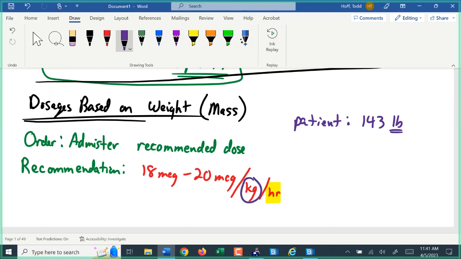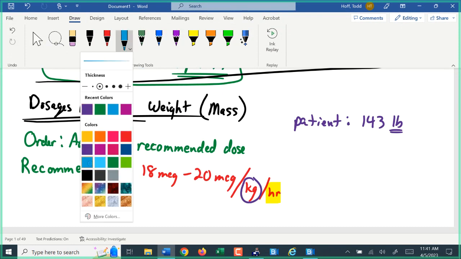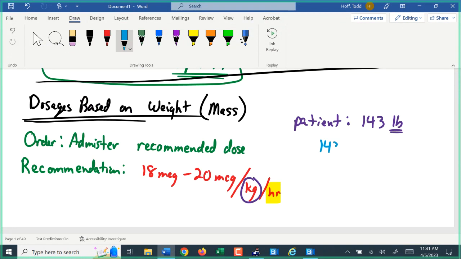So the first thing we have to do is convert the patient's weight from pounds into kilograms. 143 pounds, we put that over 1, and our conversion factor is that it's 2.2 pounds per 1 kilogram.